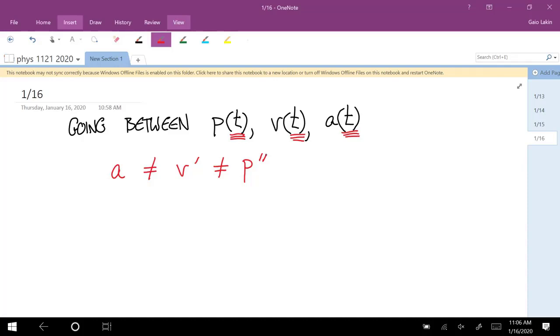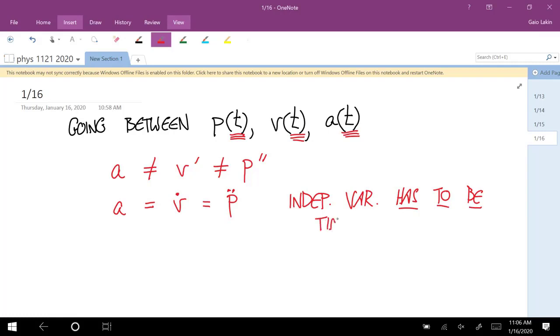Sometimes you can work around with chain rule or whatever, but the relationship that we have is that A is the time derivative of velocity, and the second time derivative of position. The independent variable has to be time.